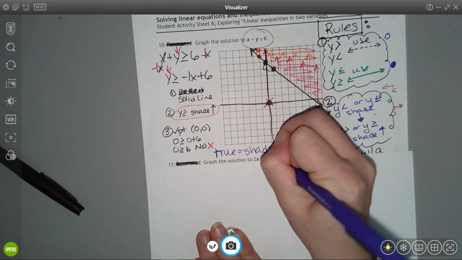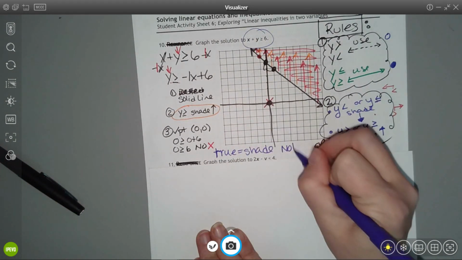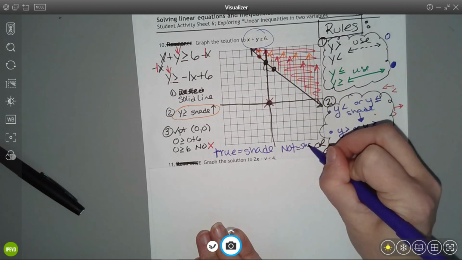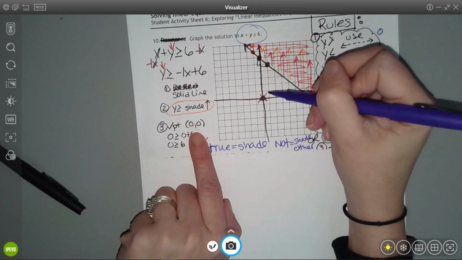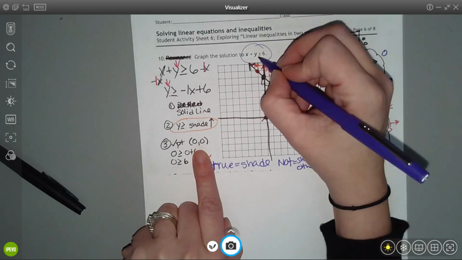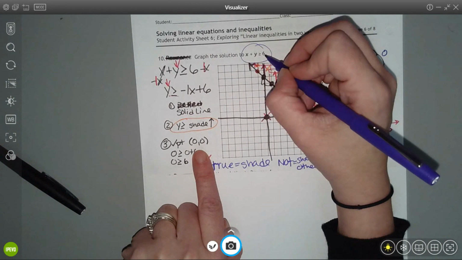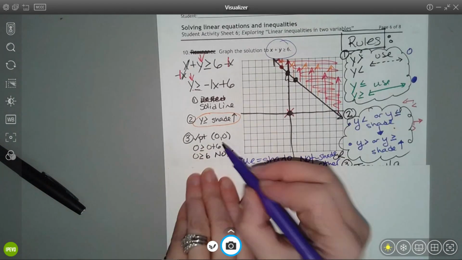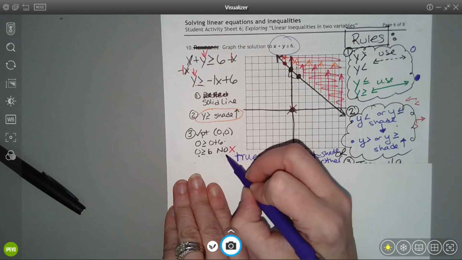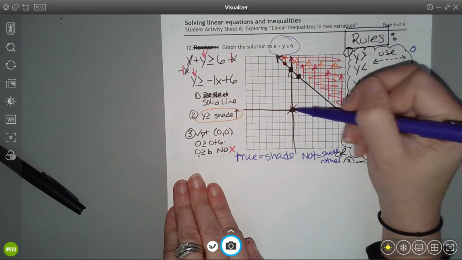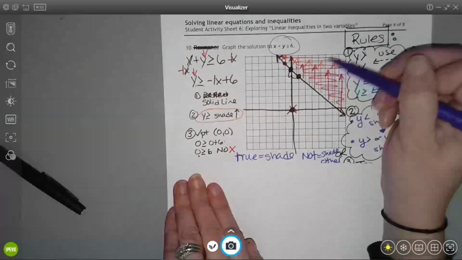If it's not true, shade the other side of the line. So when I pick the point 0, 0, I'm going to plug it in. 0 plus 0 has to be greater than or equal to 6. Well, guys, when I do that, 0 is greater than or equal to 6. No, that's not true. So I'm not going to shade this side of the line. I'm going to shade the top side.